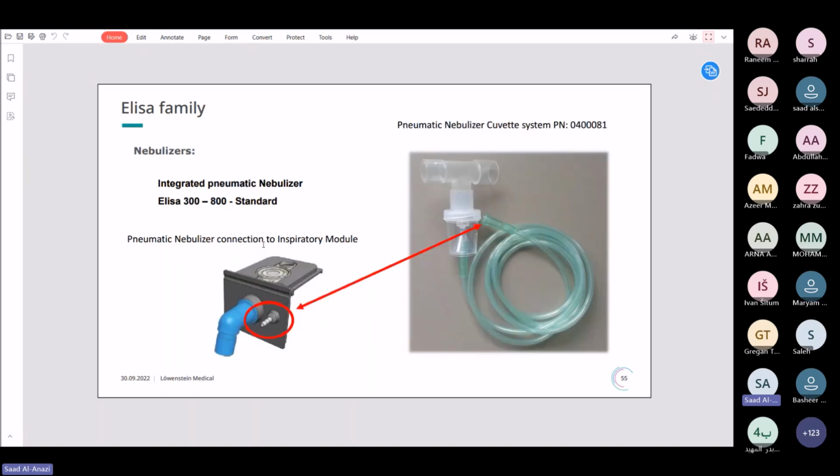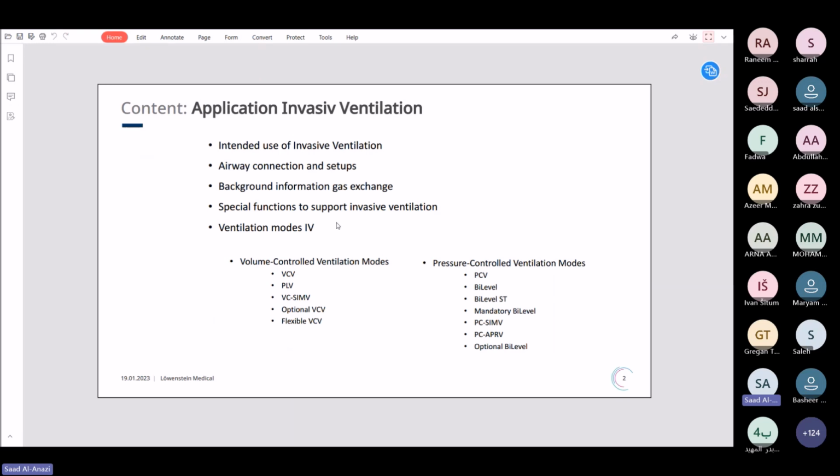Then you need to select the nib kit, as you see here in this slide, any kind of nib kit, and you have to insert or connect the tube here. Then start by selecting the time of the nebulization, and then select the on to start your therapy.